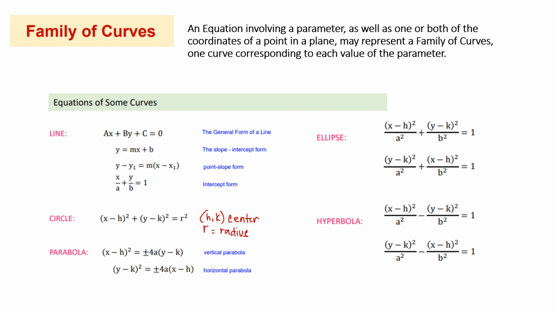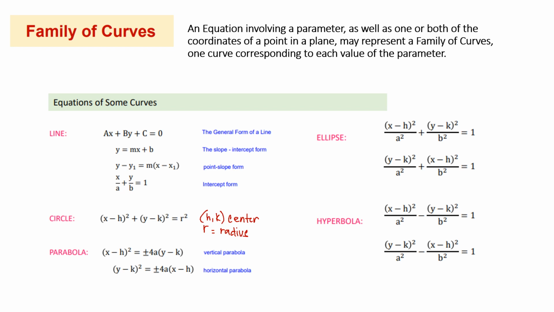Next, for the parabola, (x - h)^2 = ±4a(y - k). That is for a vertical parabola, or a parabola parallel to the y-axis. And for the horizontal parabola, or a parabola parallel to the x-axis, (y - k)^2 = ±4a(x - h).